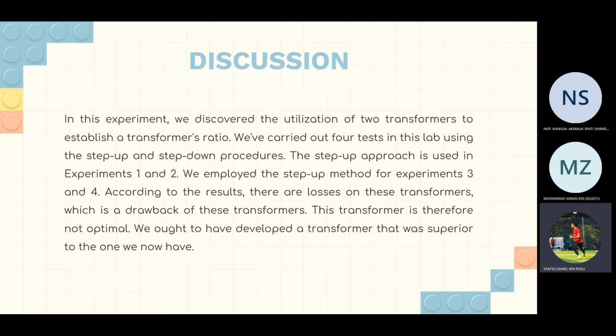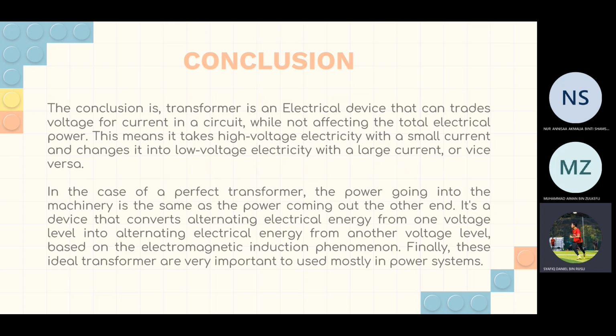Next, the conclusion: the transformer is an electrical device that can transform voltage and current in a circuit without affecting the total electrical power. This means it takes high voltage electricity with a small current and changes it into low voltage electricity with a large current, or vice versa.